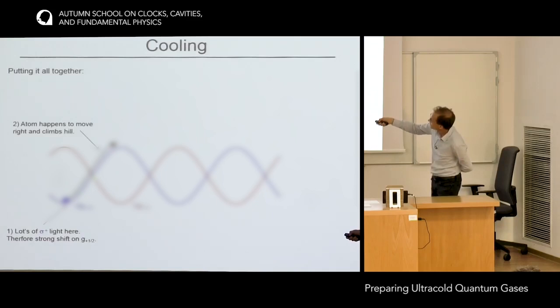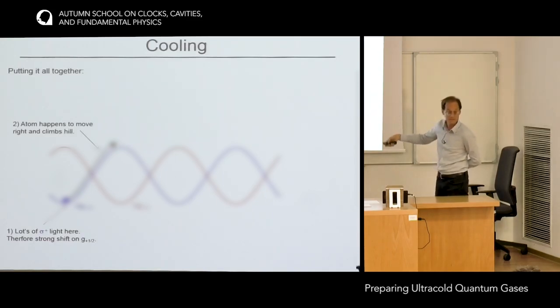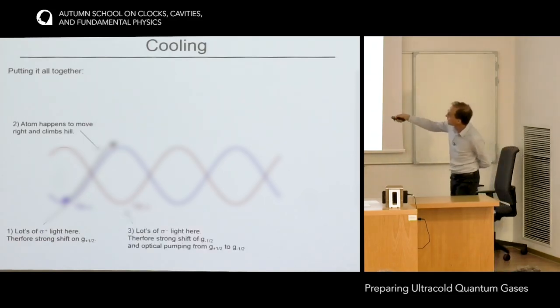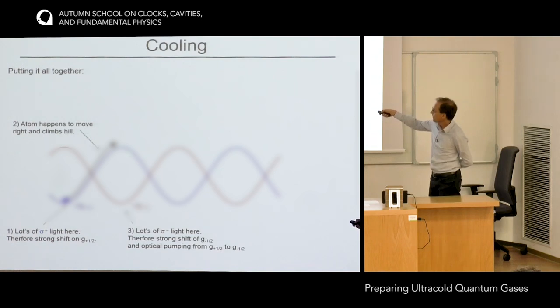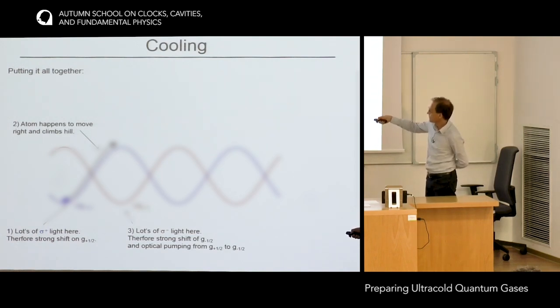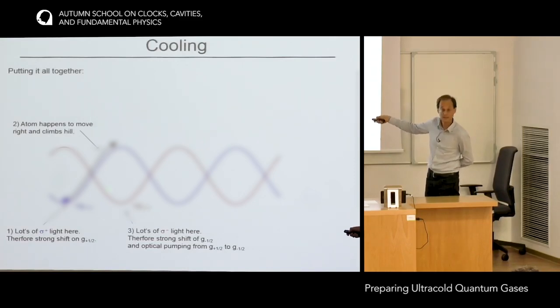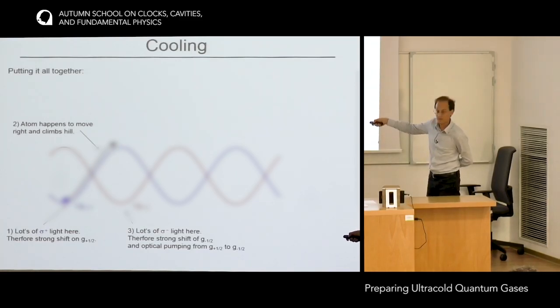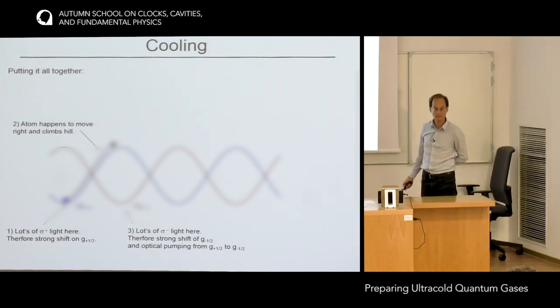So the atom travels up this hill, which of course means that kinetic energy is converted into potential energy. Now up here on this hill, we see that the g minus 1/2 state is shifted the most, so we must have a lot of sigma minus light at this location. And sigma minus light pumps atoms from the g plus 1/2 state into the g minus 1/2 state. You remember?